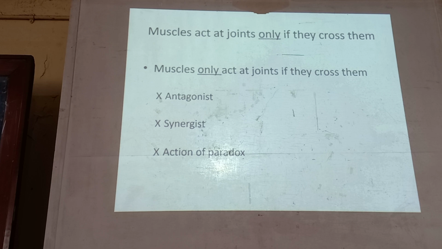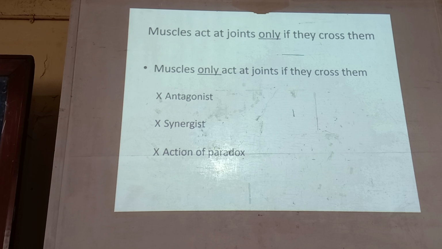That means gravity is extending the elbow, and brachialis is contracting to slow down the force of gravity. Such an opposite action of what a muscle does is called action of paradox. Initially somebody says, brachialis extending the elbow? What nonsense. But brachialis does produce sustained, controlled extension when external forces like gravity are acting. That's called action of paradox.